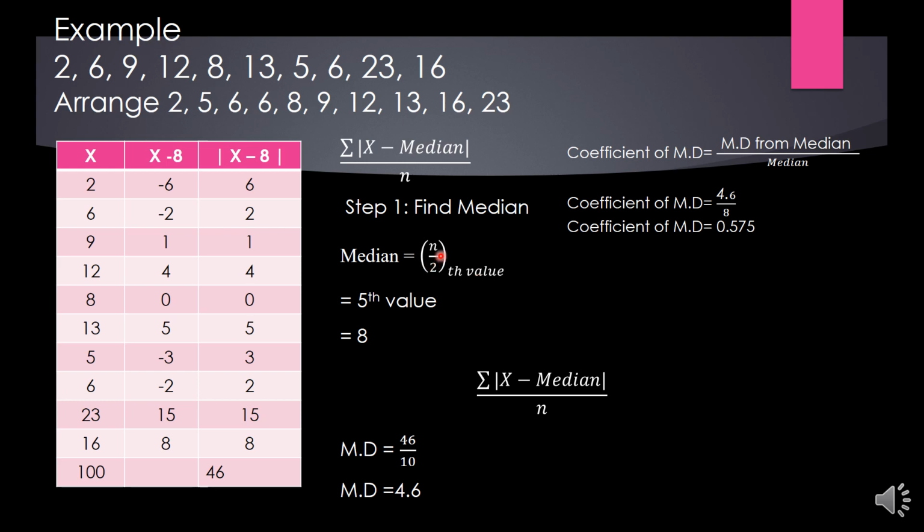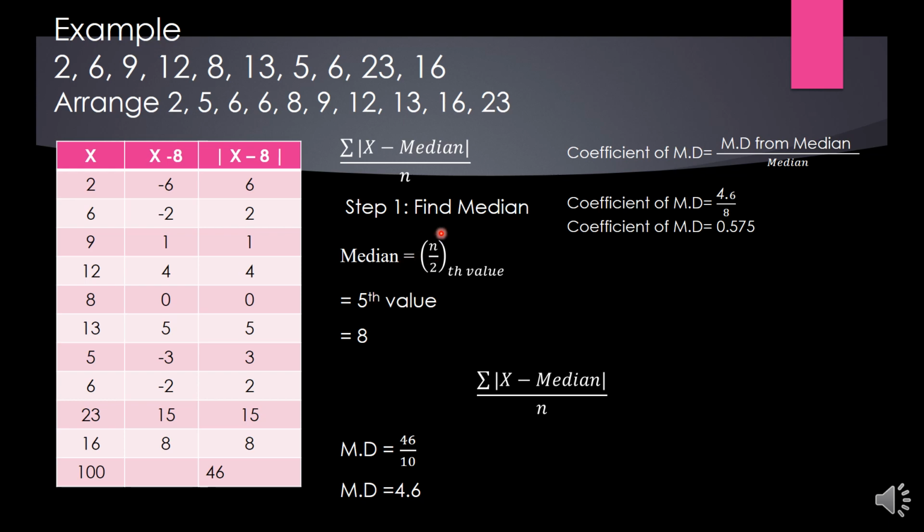Because we have about 10 observations here. For the even observations we write this formula, and for the odd observations we write n plus 1 divided by 2. I dropped a link of the median video so that you can see in detail how to find the median.